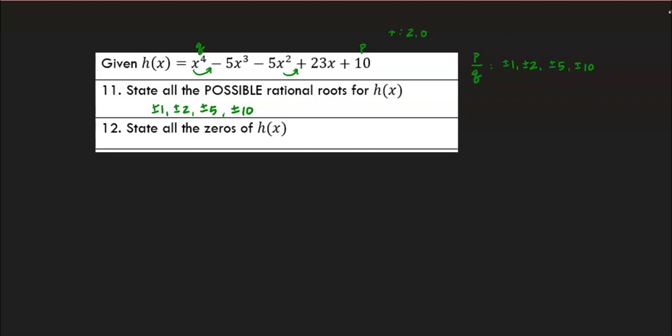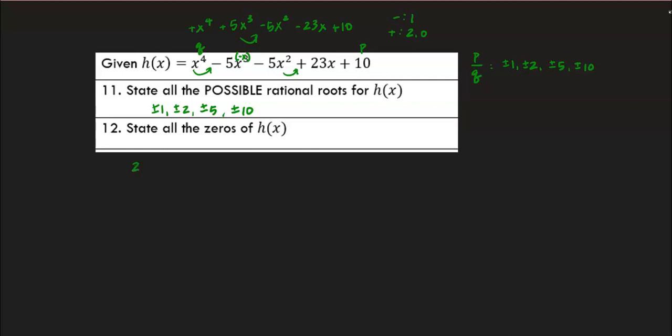If I put a negative, that's going to be a plus x to the 4th, and then a negative in here is going to give me a plus 5x cubed, and then over here it's not going to change it, and that's going to change it, and that's going to remain the same because it's constant. This only has 1. Okay, so my best bet is to focus on the positive zeros.